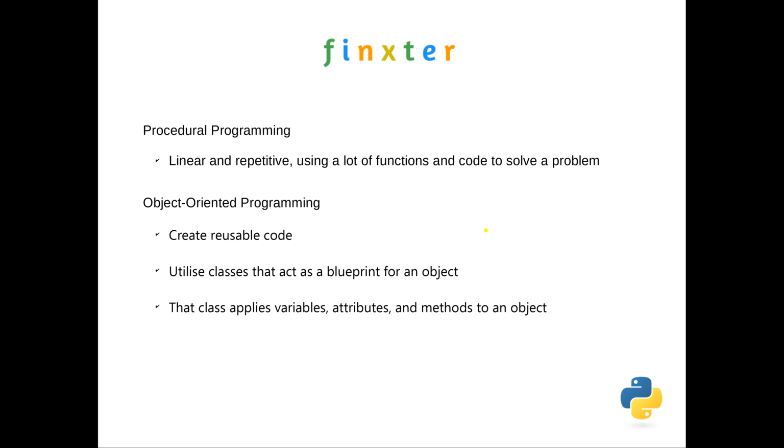We can create as many objects as we like from that class, and they will all contain those variables, attributes, and methods. Obviously, the values of the attributes will be specific to each object, but it's a very efficient way of using code. And we then create an instance of an object from a class.